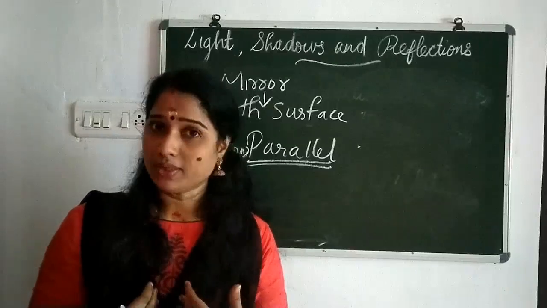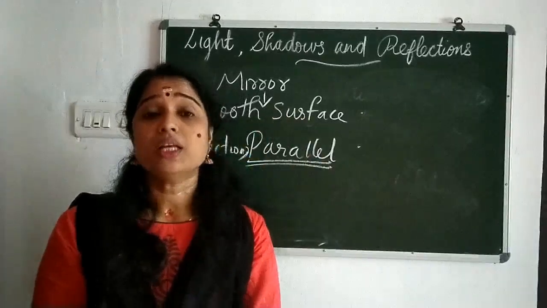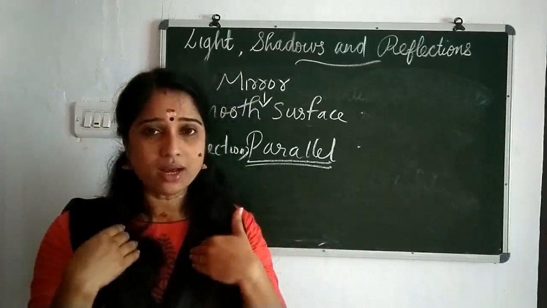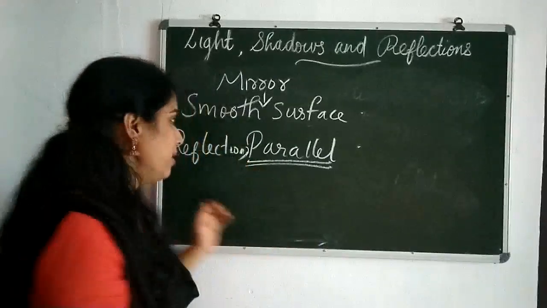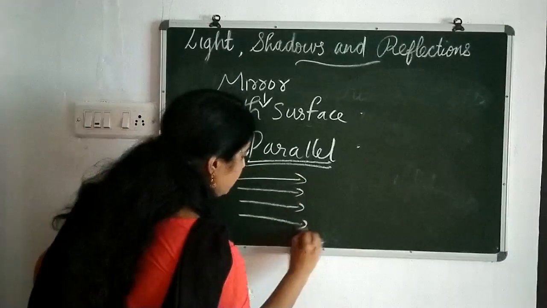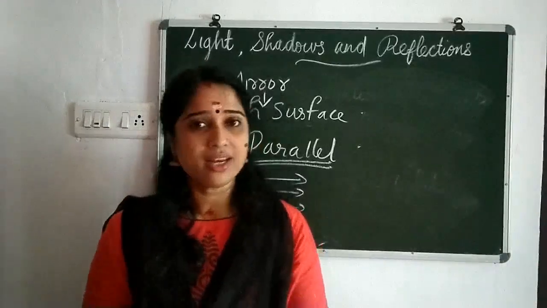When the light falls on the object, it gets reflected into the mirror. The smooth surface of the mirror reflects that light back to us in a parallel manner. It's because of that we can see our image in the mirror.